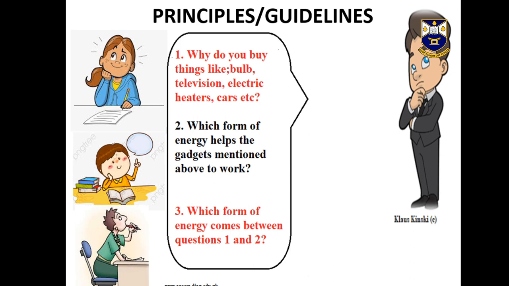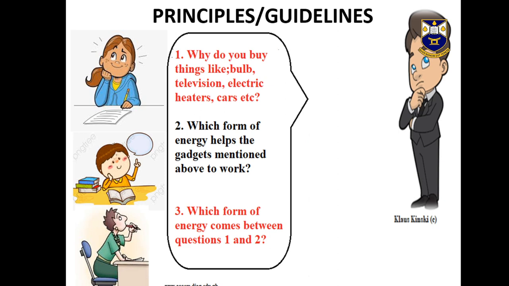You don't use a television to warm your rooms. And so when you go and buy a TV, the purpose of it is to show you pictures, that is light, and also produce some sound which you hear.